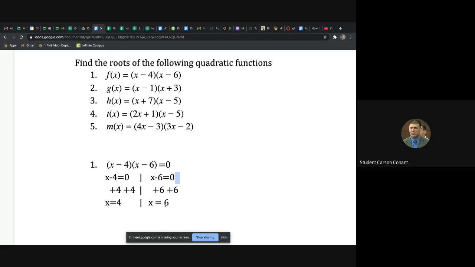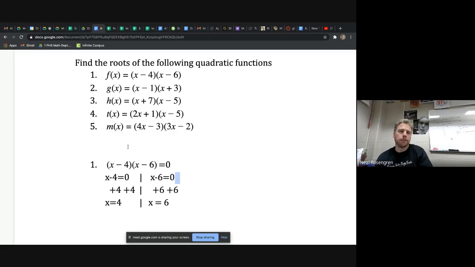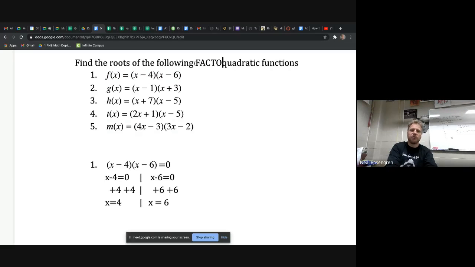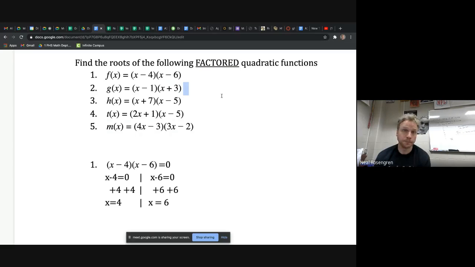And what should I title this category that we're doing? So when functions are written like this, they're called factored. So call it factored form.